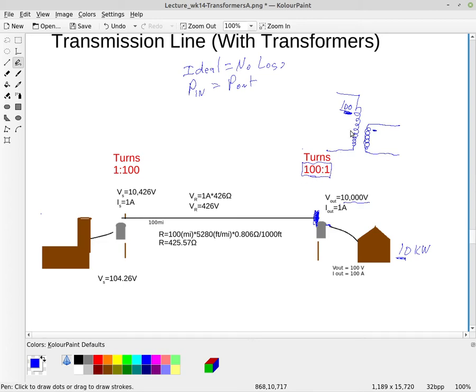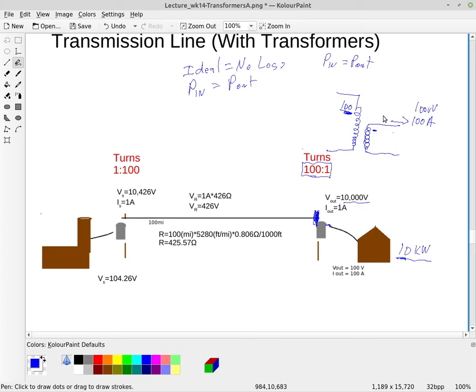You can wind it any way you want, but let's just say that I'm using a 100 to 1 turn transformer. Now remember, power in must equal power out. So that's 10 kilowatts here on the right side, but I have 100 amps here, and I have 100 volts.